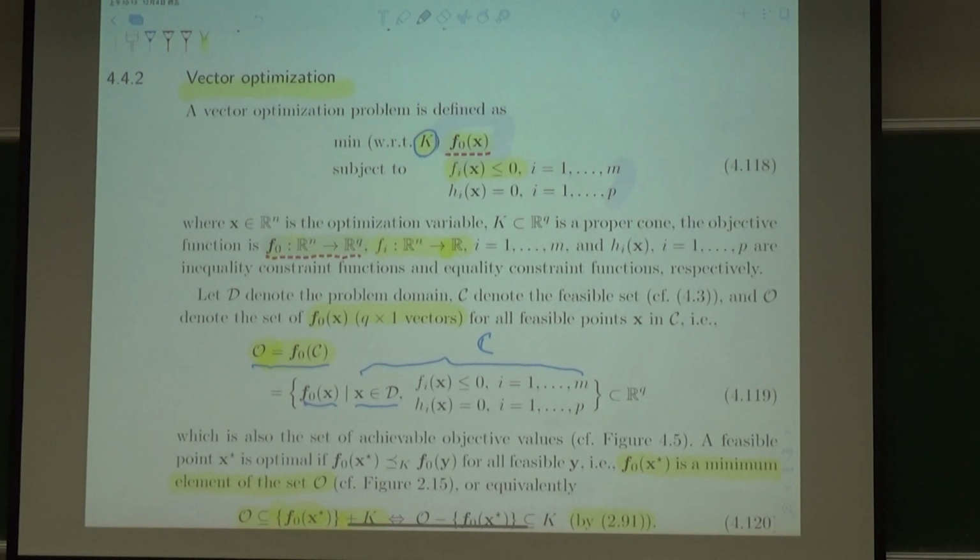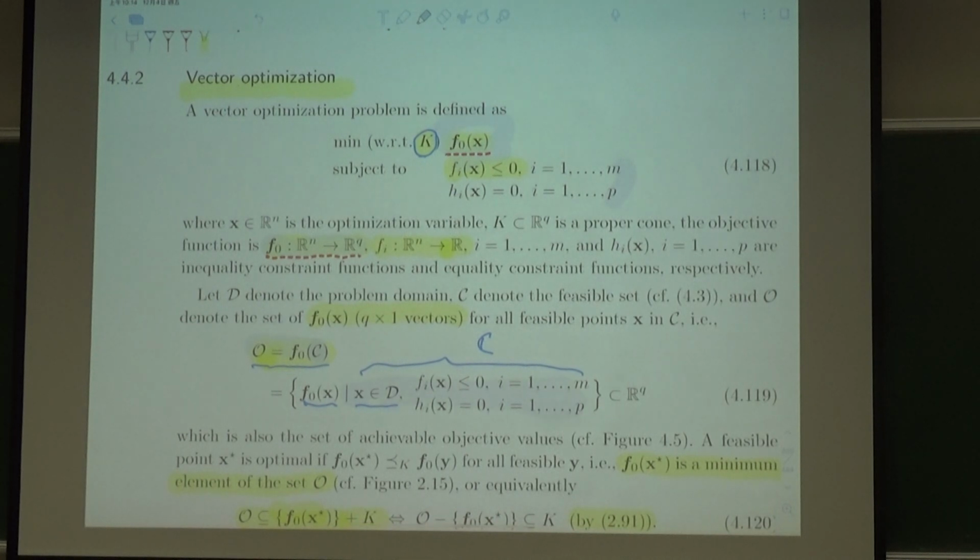F0 can also be a matrix. Here, we use R^n or R^q as a vector. We define the set O as the image of F0 over C, where C is the feasible set.